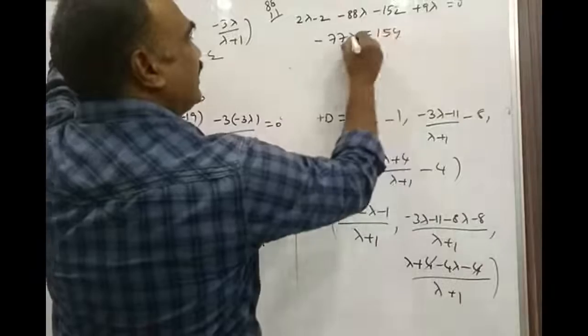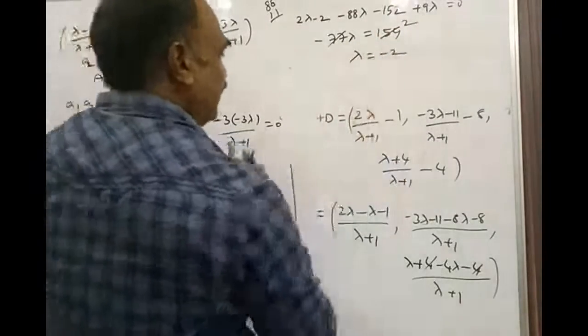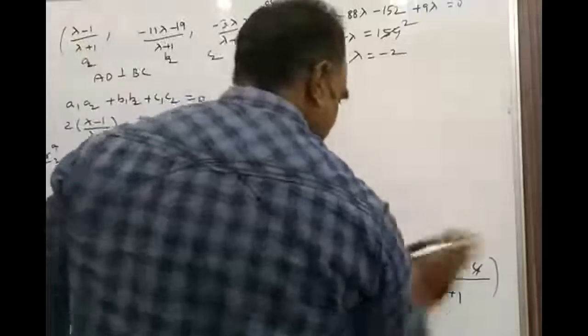Take this on the right hand side: 77 lambda equals minus 154, so lambda is equal to minus 2.